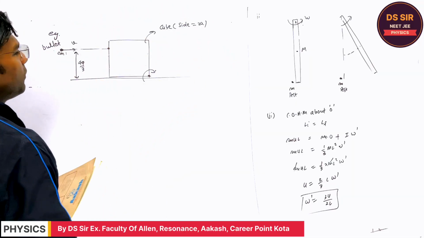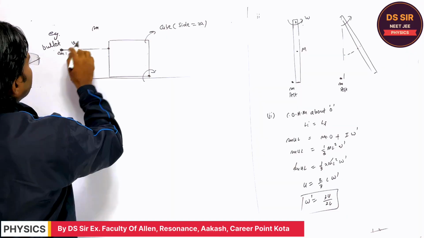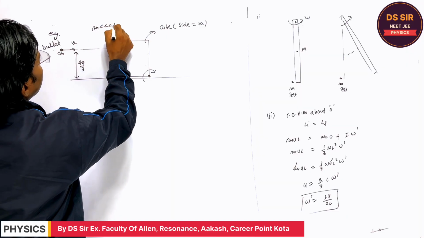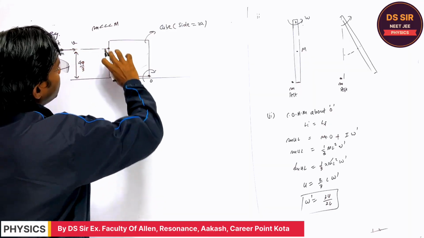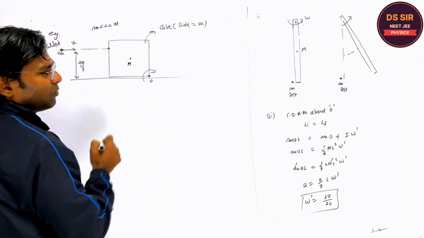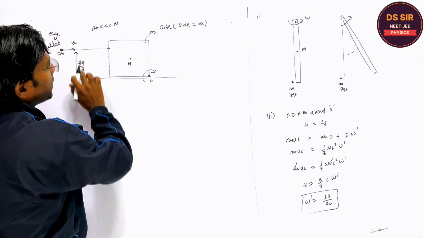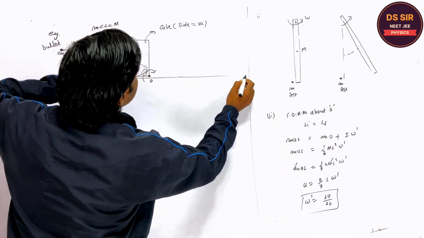So what is the condition of the toppling? Although the small mass m, the mass of the bullet, is very small as compared to capital M, and this is the axis of rotation, you can assume. So when the bullet plus this cube, the center of mass is very small, so we can ignore it after the collision.